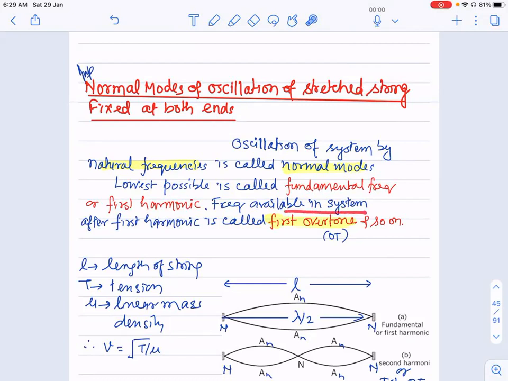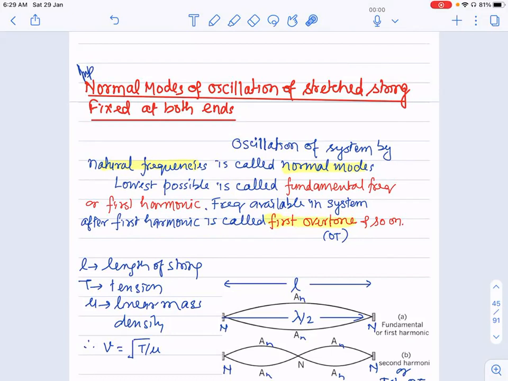After the first harmonic is the first overtone and so on. The frequency after the lowest frequency is called the first overtone. The next available frequency will be called the second overtone. Simply we call it first OT, second OT, third OT, like that.